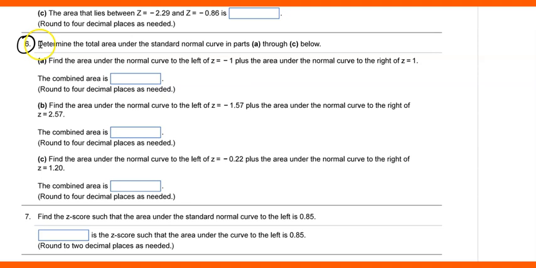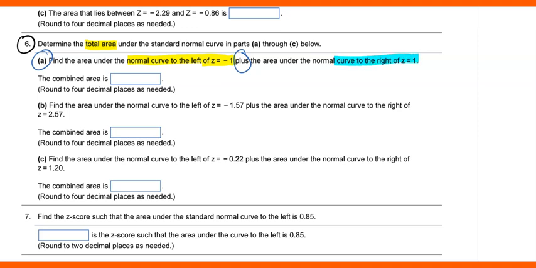Question number 6. Determine the total area under the standard normal curve in parts A through C. What's the area for part A? To the left of z equals negative 1, plus, that means you have to add, to the right of z equals positive 1.